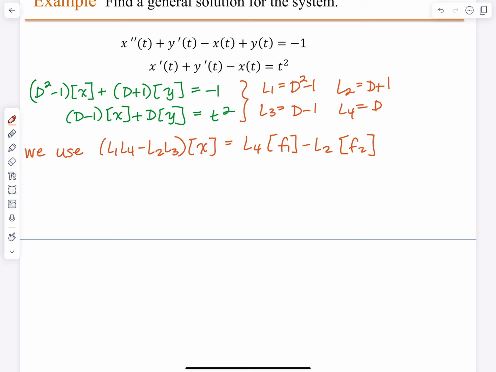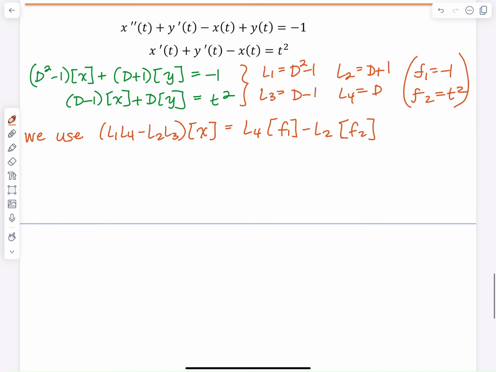And of course you can see here that F1 is -1 and F2 is t squared. Okay, so let's go ahead and use that.